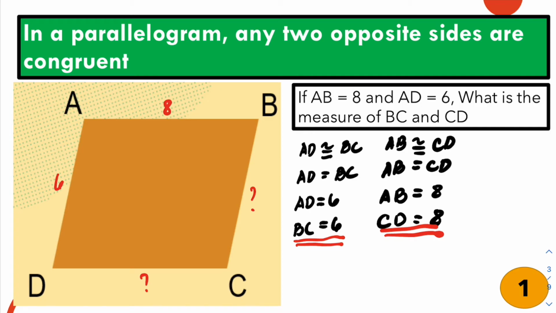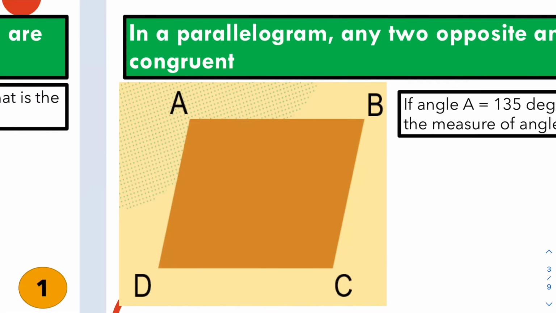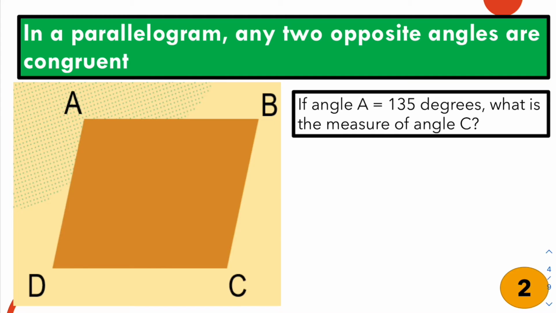Let's have number 2 example. If angle A is equal to 135 degrees, what is the measure of angle C? Okay, this is angle A. This is 135 degrees.